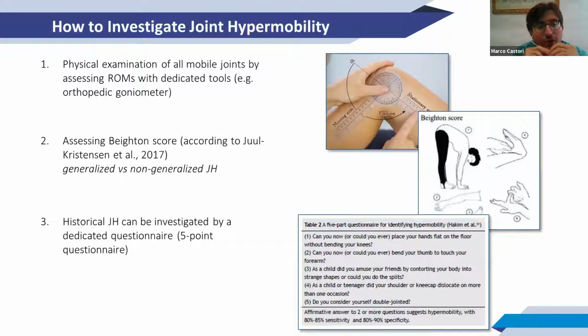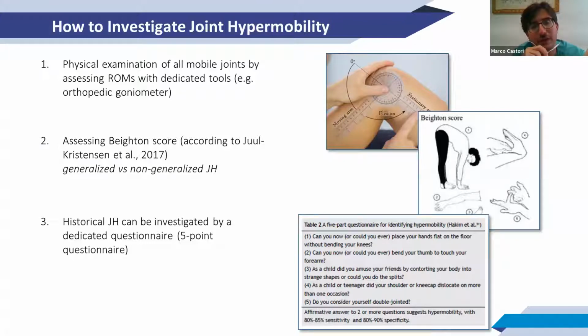The Beighton score is an easy tool that was defined for the first time in 1973 by Professor Beighton from South Africa. This score was originally intended as an epidemiological tool to assess the distribution of joint hypermobility in African girls.